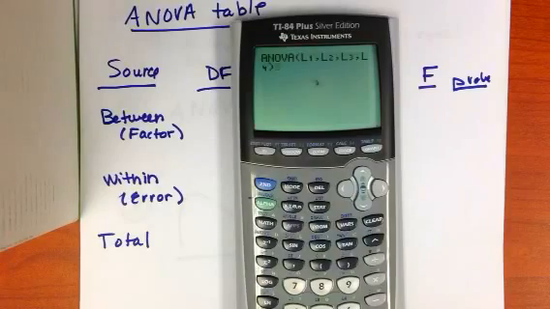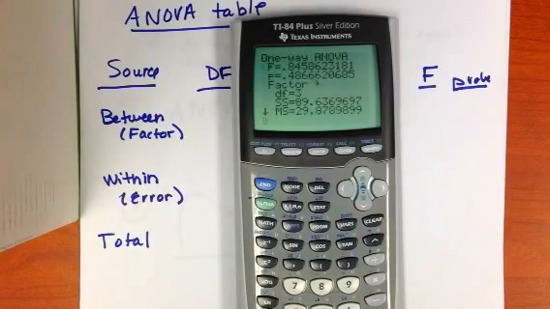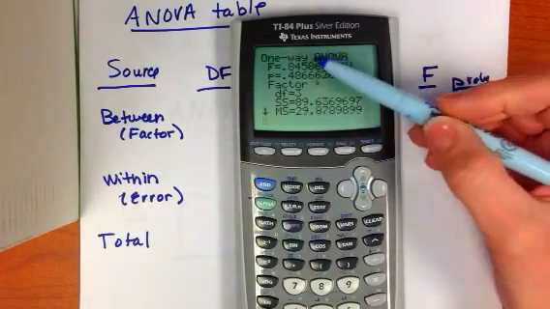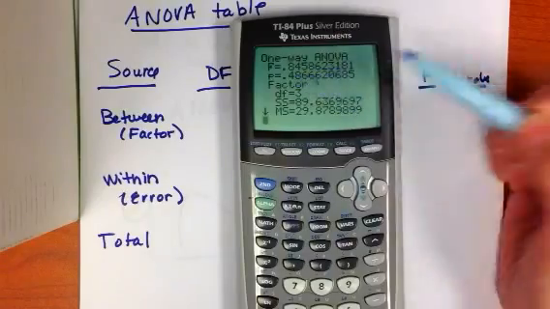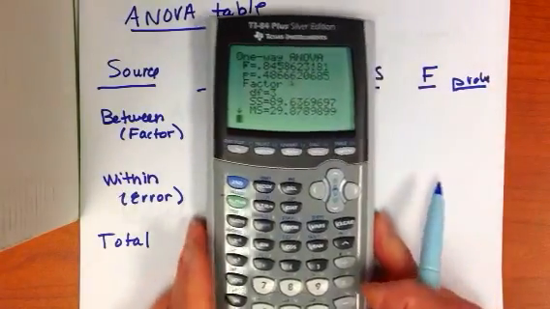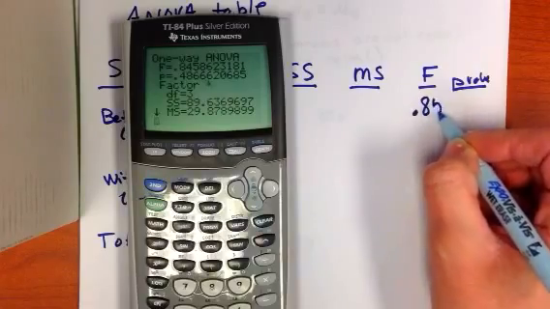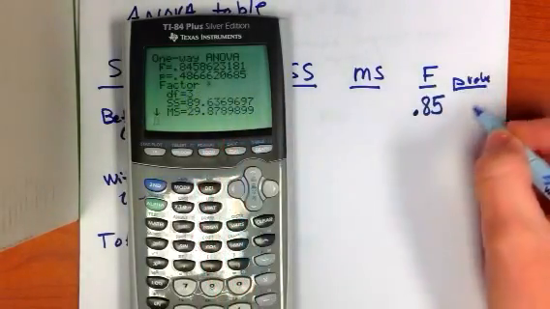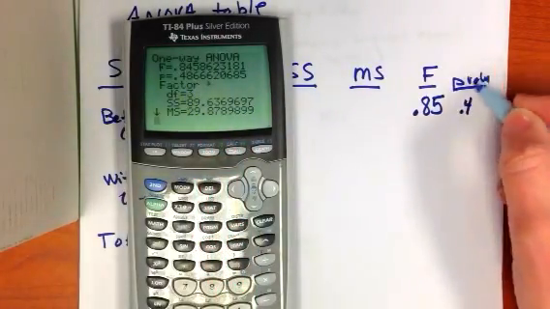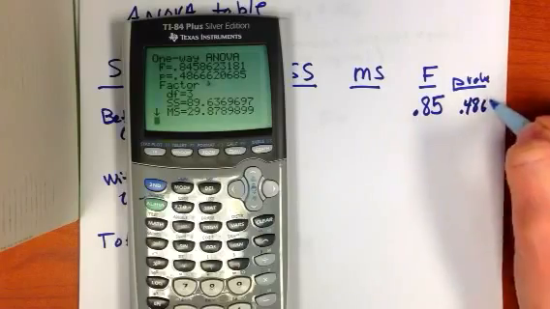Got it? Hit enter. And it's actually going to start with your F-test statistic and p-value as the first two things the calculator gives you. So I'm going to write those here. I'm going to just round this to 2 places, 0.85. P-value, remember, always round to 4 places, 0.4867.